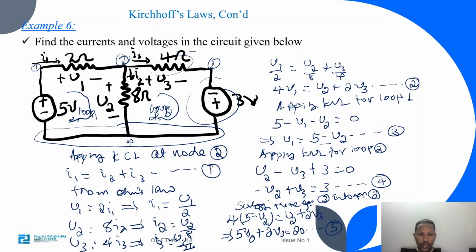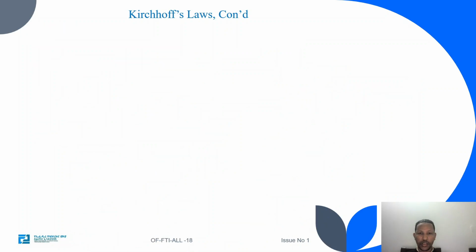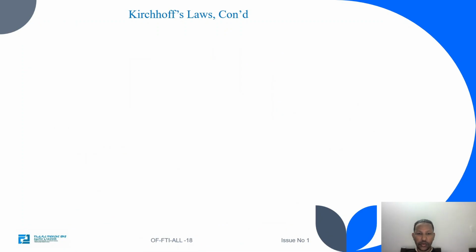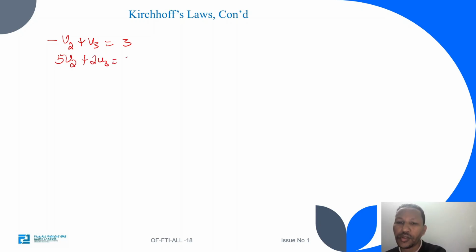Now let's solve equation 5 and equation 4 simultaneously. That means we have equation 4: minus V2 plus V3, which is equal to 3, and equation 5: 5V2 plus 2V3, which is equal to 20.